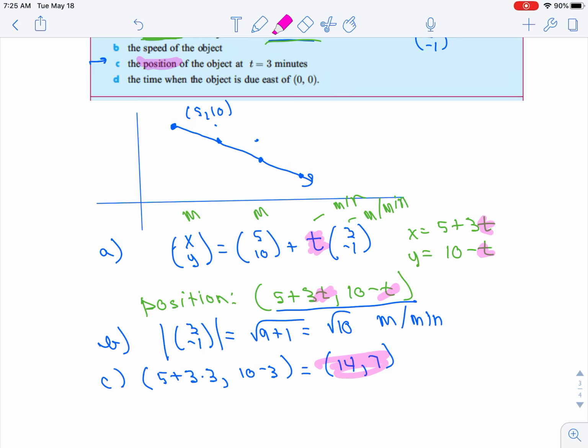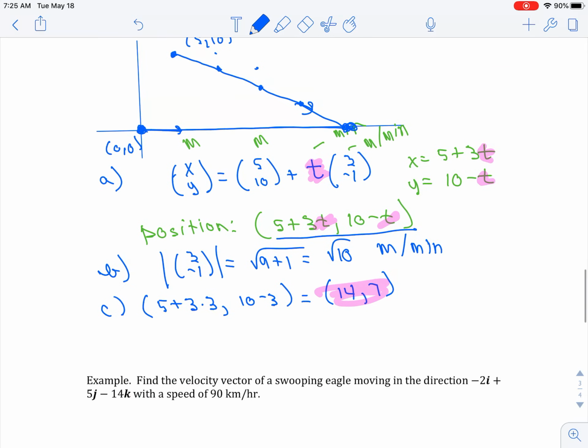And then the last one says, find the time when the object is due east of (0, 0). For this one, I think you really do need a picture so you can visualize what's going on. Here's (0, 0), and being due east means I'm going to be along here somewhere. It means it has basically reached the x-axis. What do we know about every point on the x-axis? The y-coordinate is 0 everywhere. So we're taking this equation and setting y equal to 0.